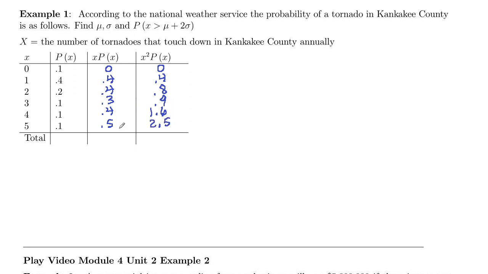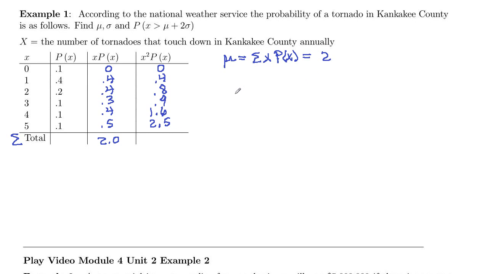And then we sum these up. So let's see, we got 0.3 and 0.4, that's 1.2, and 0.8. This is 2.0. And that's the total, or the sum, of the x times probability of x column. So our mean, which is the sum of the x times probability column, is just 2. That's saying the mean or the expected number of tornadoes annually is 2.